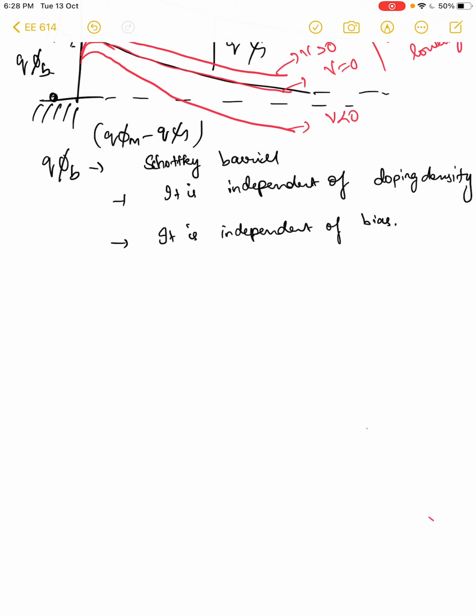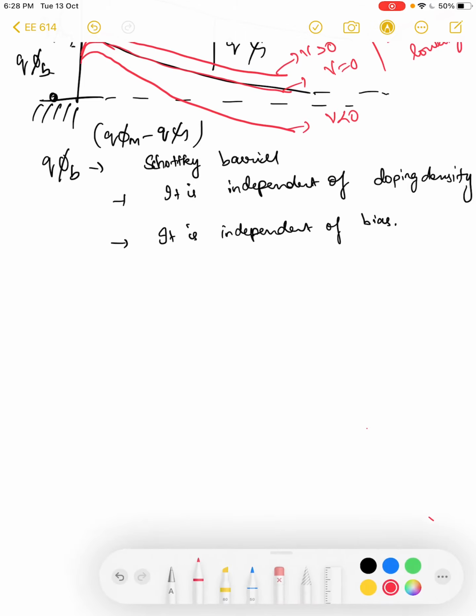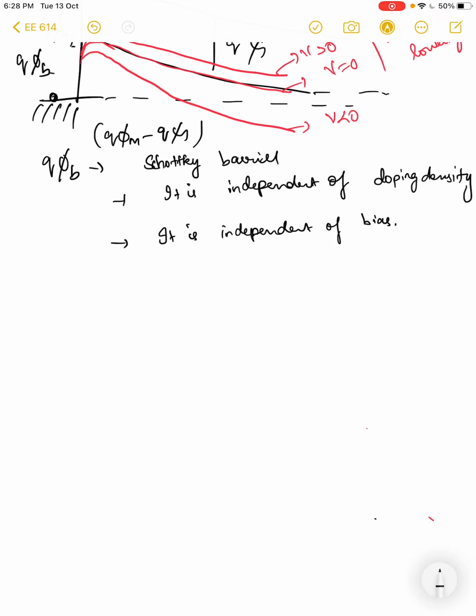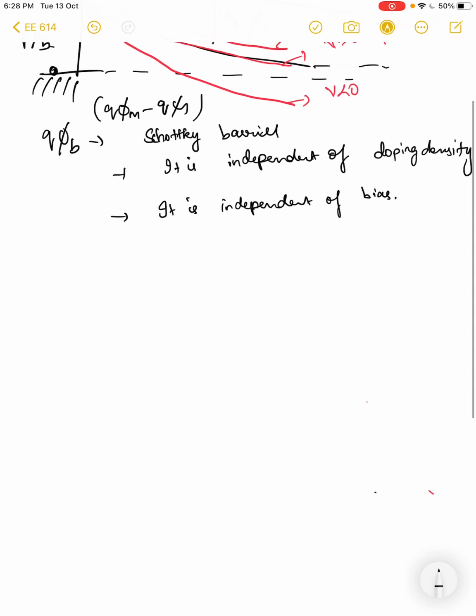Interface states are present in most materials because there exist defects or discontinuities at the surface. The surface atoms are not as well coordinated as the bulk atoms.